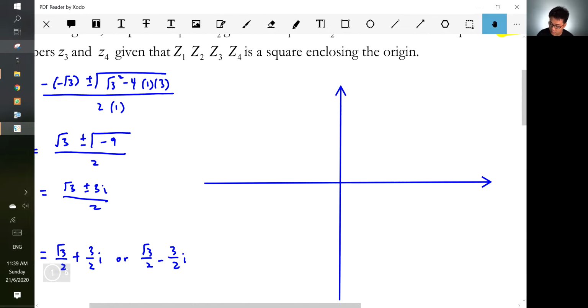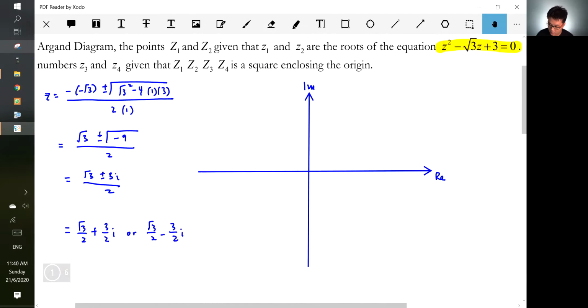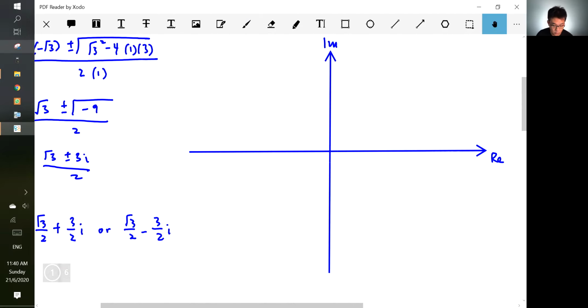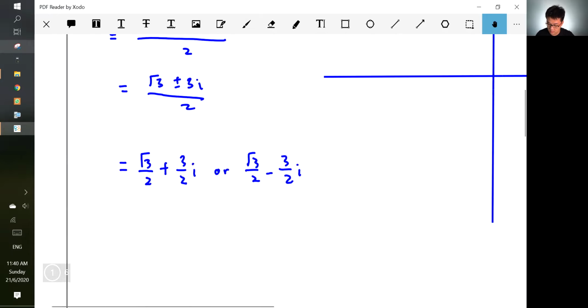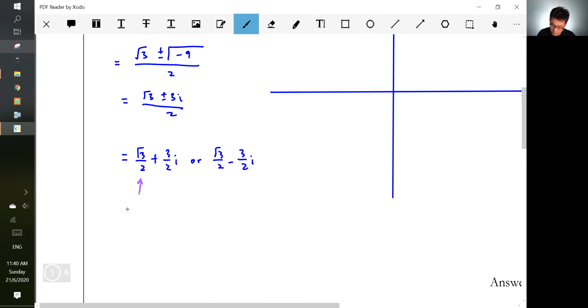Then imaginary is the vertical axis and this is real. Then you have root 3 over 2. Root 3 over 2 will give you about 0.866. I'm just trying to draw to scale.